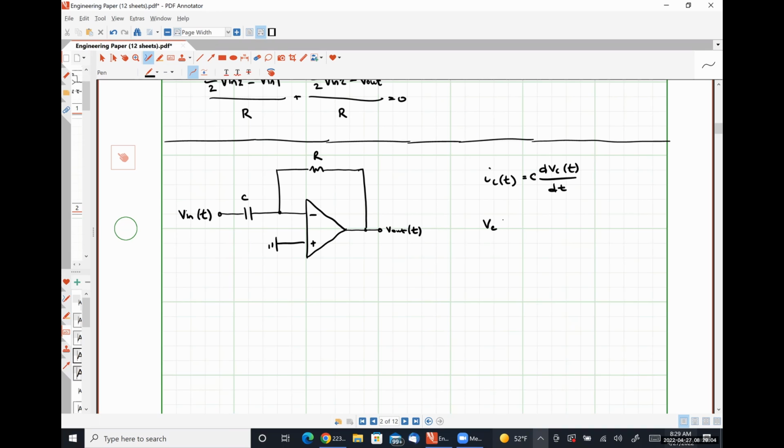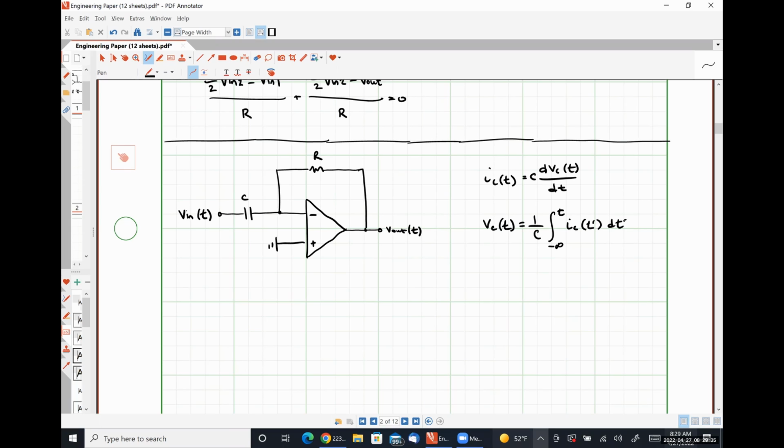And we know that Vc of t is equal to 1 over C times the integral from negative infinity to t of IC of t prime dt prime. So we're going to wind up using these relationships.